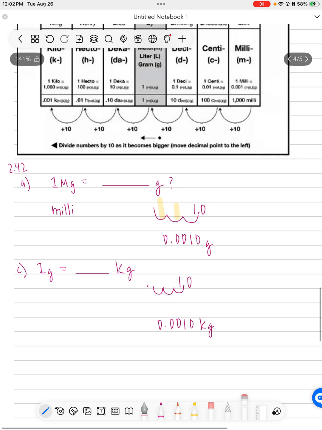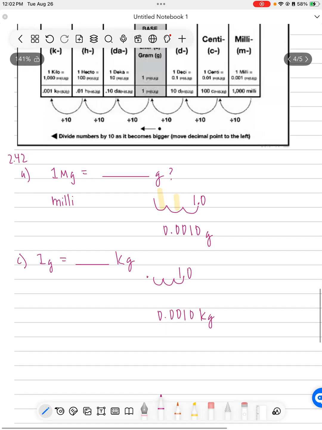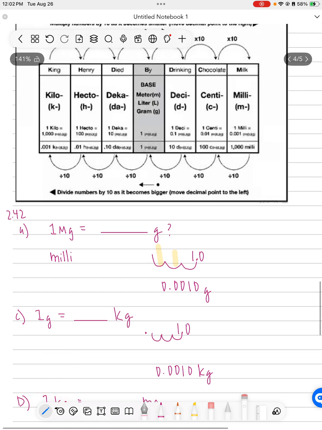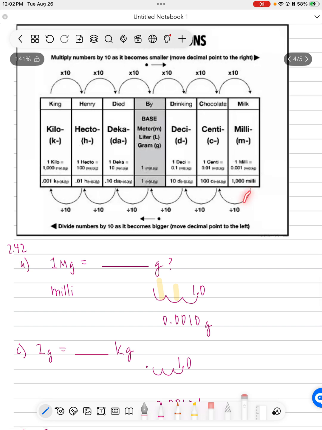What if we went from, and I'm going to change it a little bit, the book says 1 gram, but I'm going to do, what if we went from 1 kilogram to milligrams? What does that look like? Well, we want to find where we're going from. So we're going from kilograms, which is the King Henry. And see how the arrows down here are going to the left?